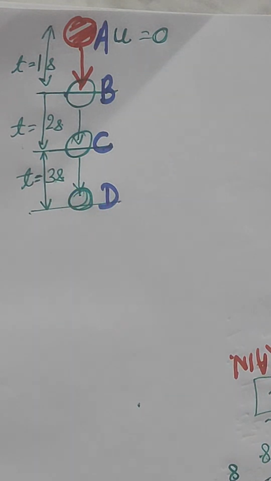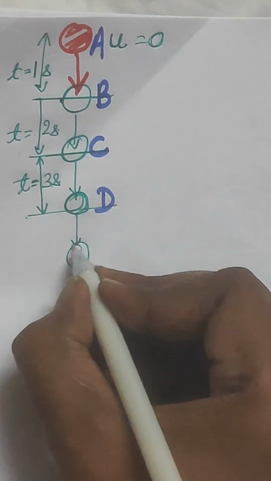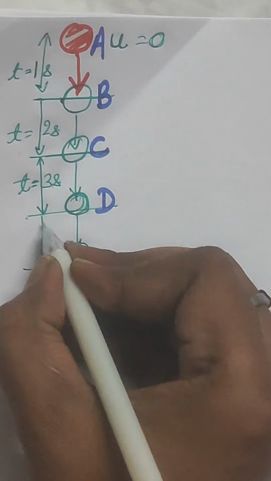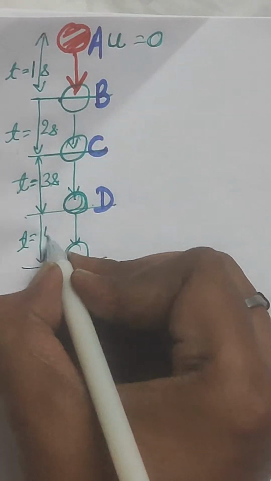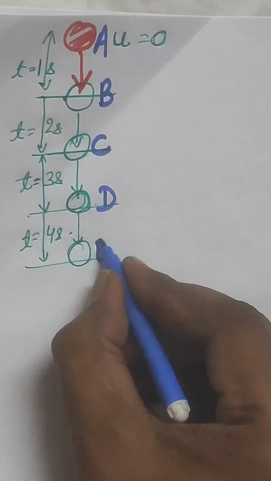And again the ball reaches a new position in the fourth second, from D to E in t equal to 4 seconds. So this is position E.